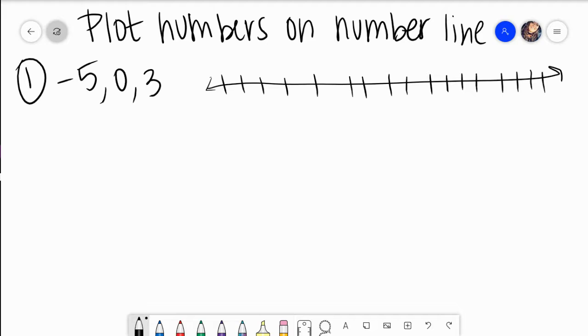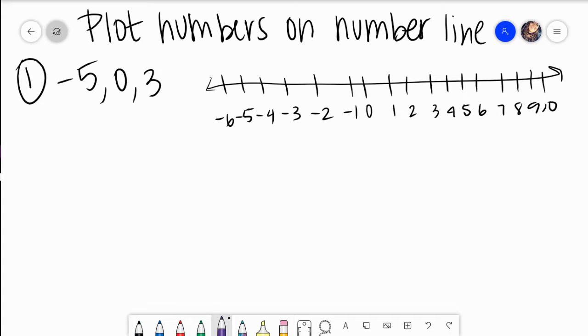Let's say we make this right here our 0. So this would be 1, 2, 3, 4, 5, 6, 7, 8, 9, 10. Again, on MyMathLab, these are already numbered.